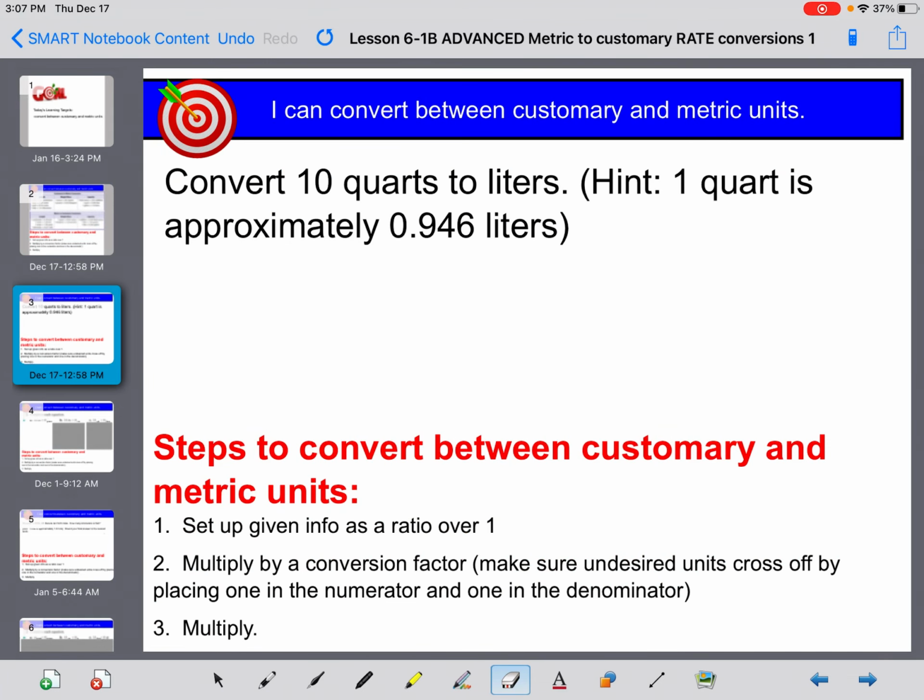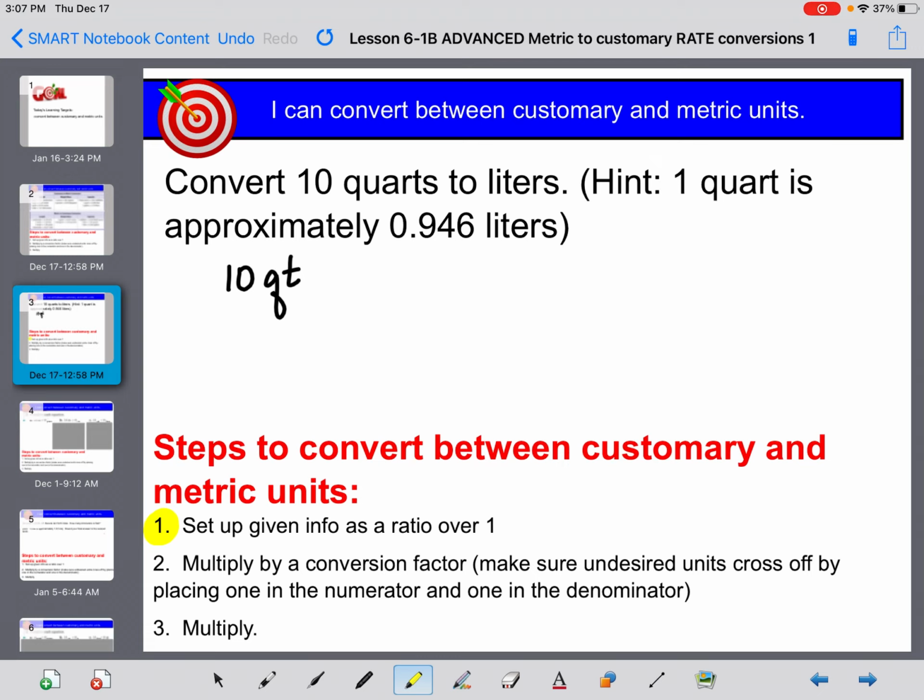For our first problem, we are going to convert 10 quarts into liters. 10 quarts is a customary unit that we use here in the United States. Following the directions like we did the last time, to convert between customary units we used a method called dimensional analysis, and we're going to use that again today.